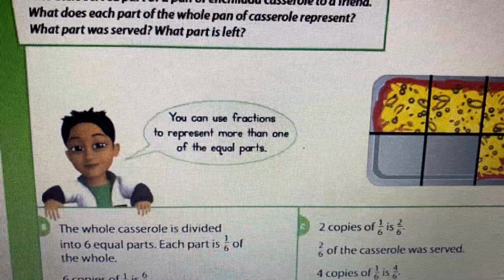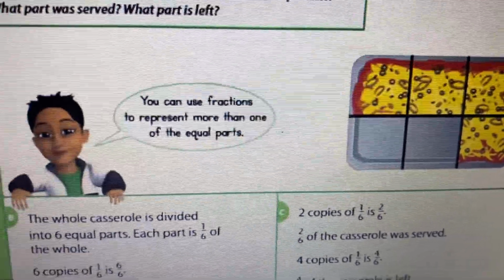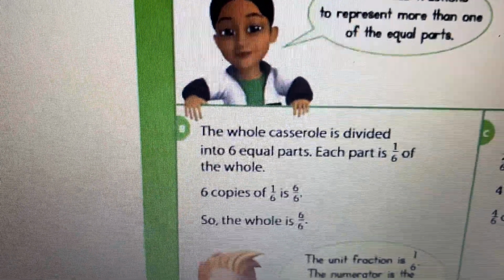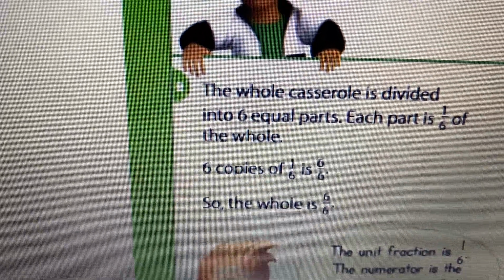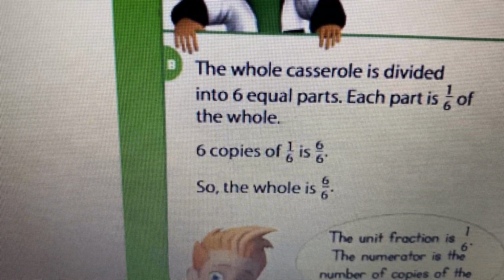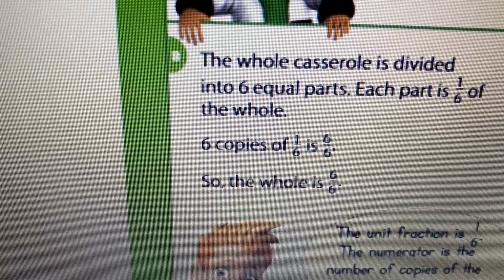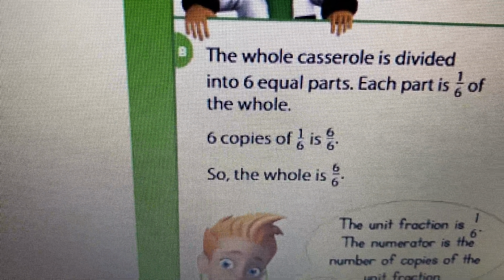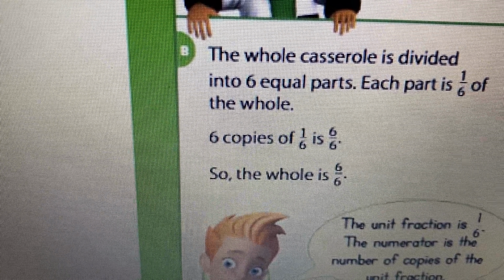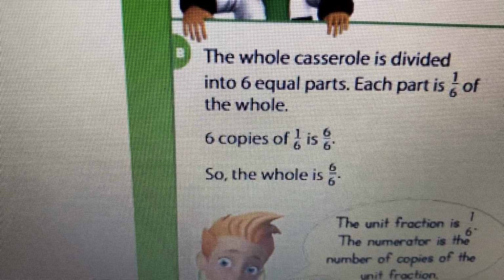So I can write it 6 pieces over 6 pieces. 6 over 6. So 6 copies of 1/6 is 6 over 6. 6 over 6 is a whole. If the numerator and the denominator are the same, they make a whole.